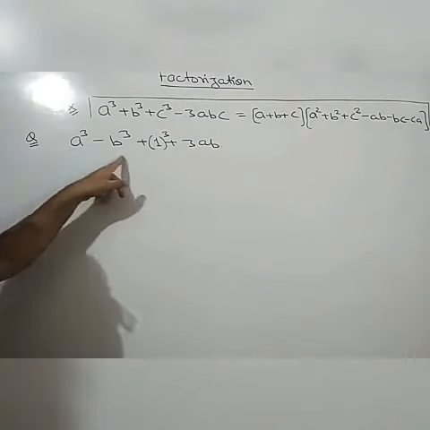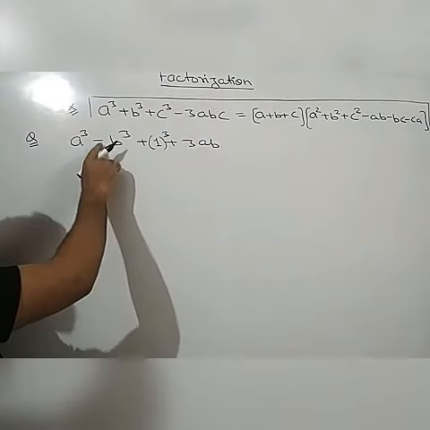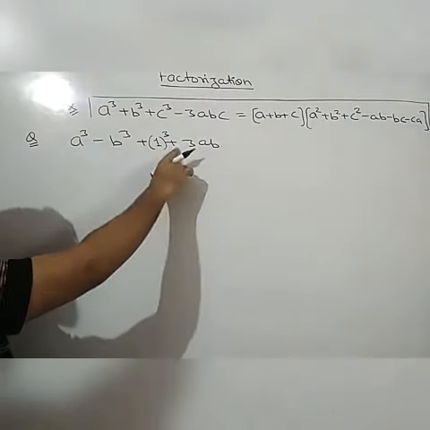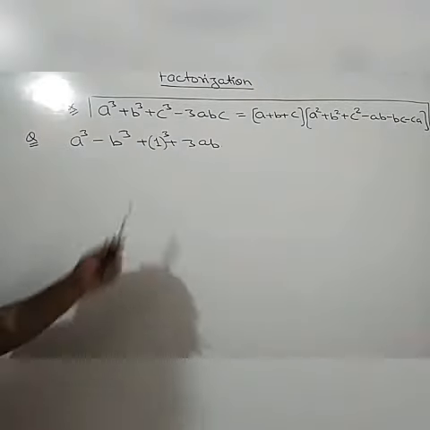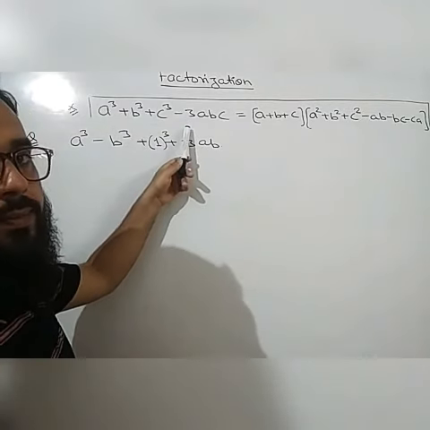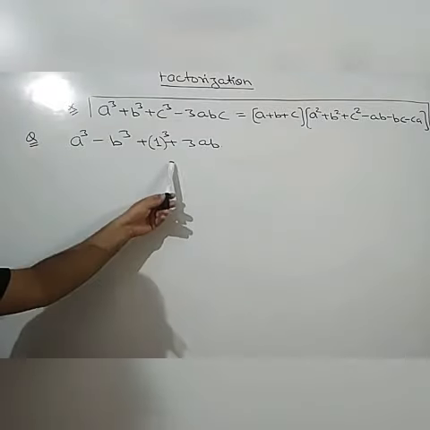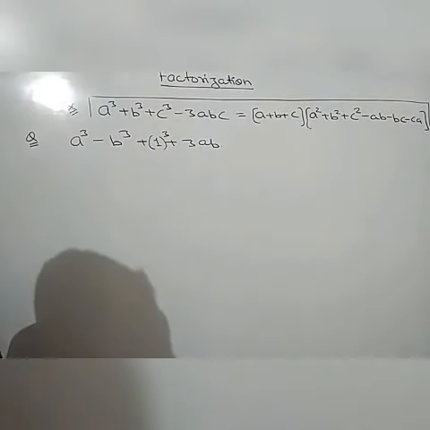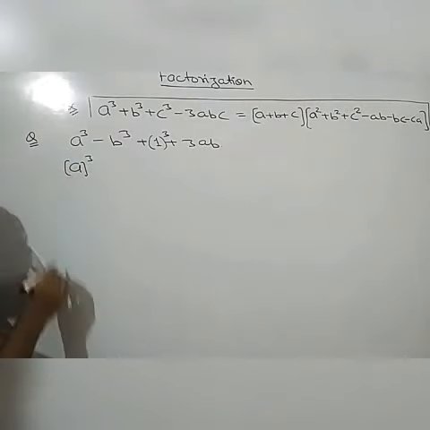So it is a cube, b cube, c cube and 3abc. But now again the same problem: here is the minus sign and here it is the plus sign. But in the formula of the identity, both the signs are positive and it is minus for the product term. So first we have to arrange the terms in such a way that it forms the identity. So to convert it into the identity, the first term will be a whole cube.